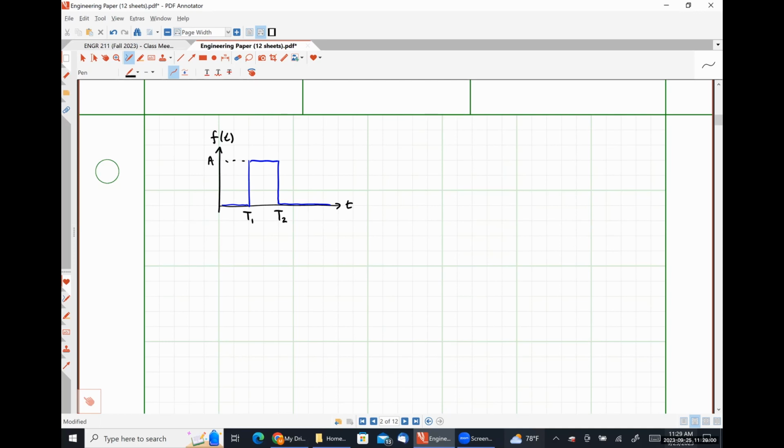Okay. They have the same amplitude, so we're just going to use a. Things turn on at time t1. And since things turn off at time t2, we're going to subtract that second unit step function.